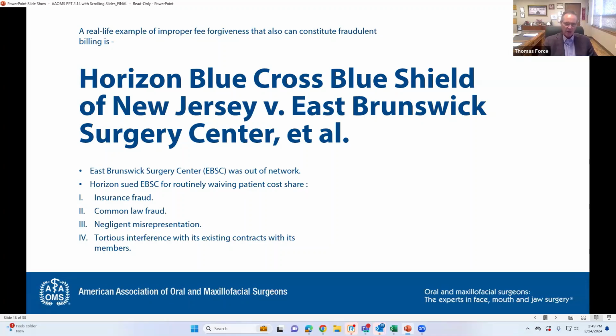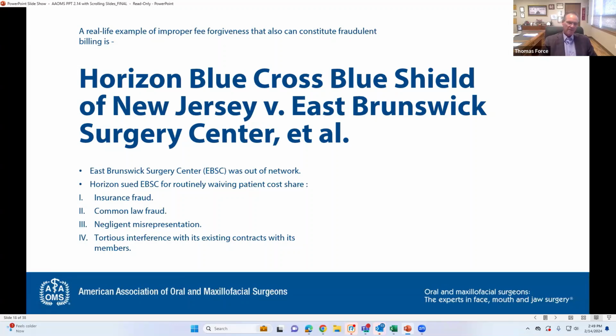Are you overusing modifiers you shouldn't? And if they can't find anything related to the medical records, they're squeaky clean, then they may say, do we have a fee forgiveness situation on our hands? The key trigger for that is, are they asking you for records pertaining to patient statements, how much the patients have paid for deductibles and coinsurance?